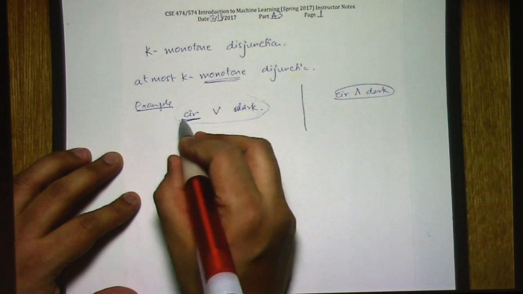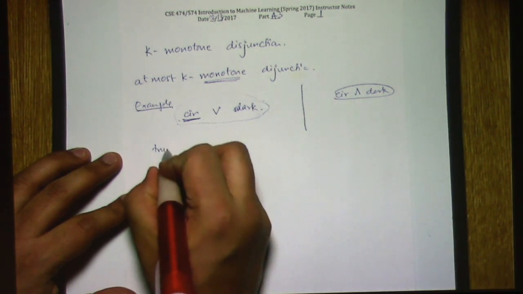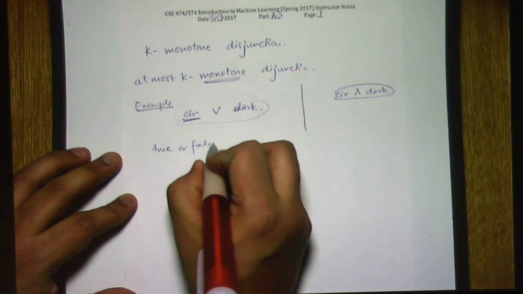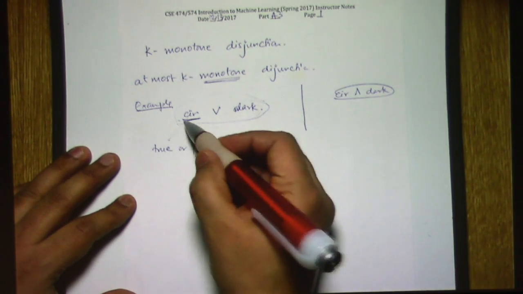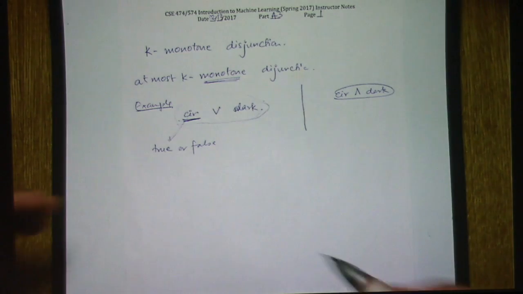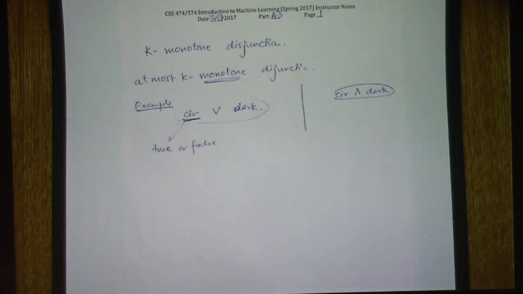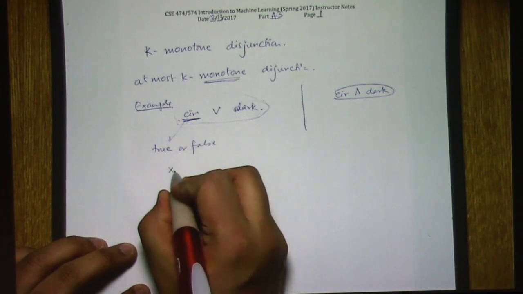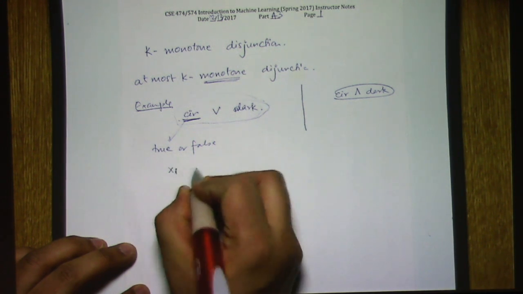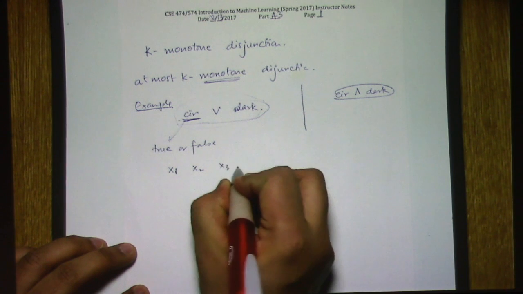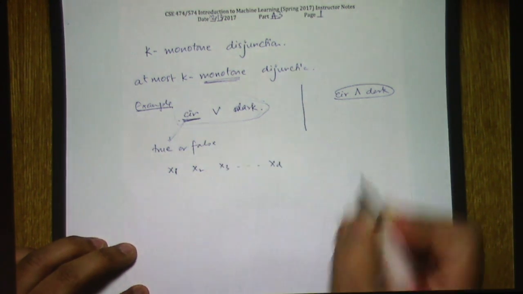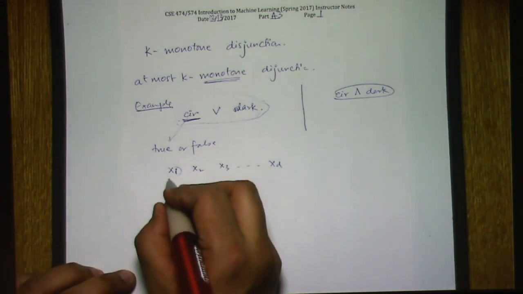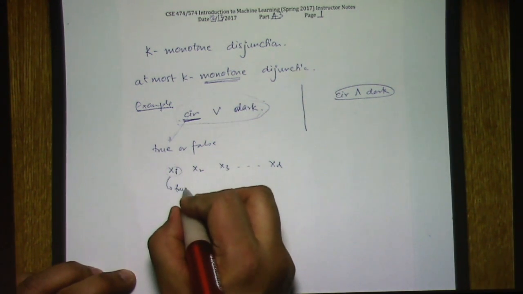But you could express each feature as true or false, so circular means true and oval false. So now we can express each feature as x1, x2, x3, up to xd, and each feature can take two values, true or false.